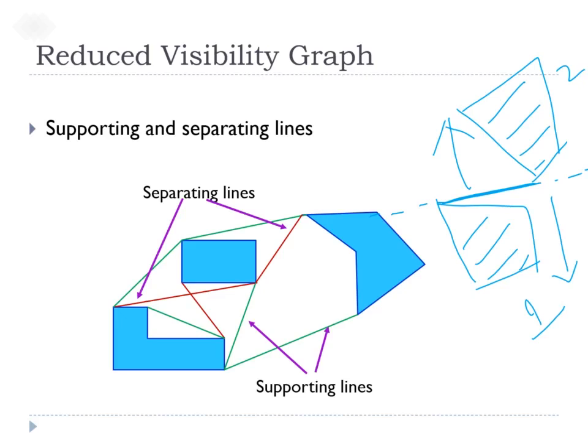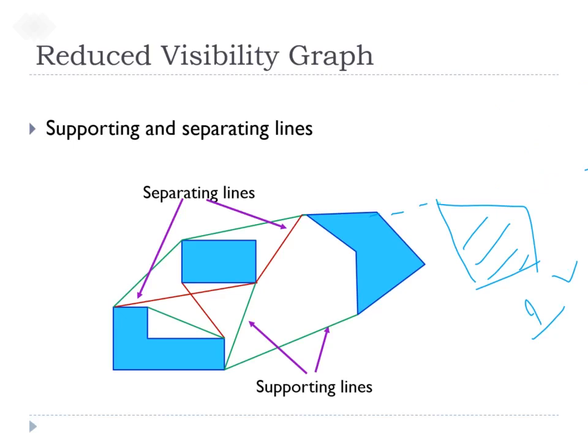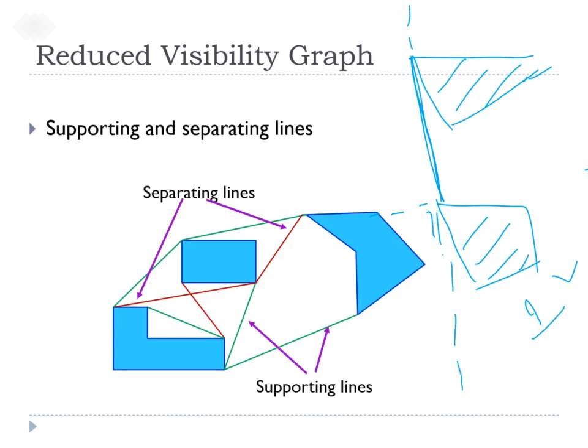Let me consider the example of a supporting line now. So I have got obstacle 1 which is shown here, and then I have got another obstacle, given like this. In this case, we have these two vertices. If they are joined, think of a line which is extended in both the directions.